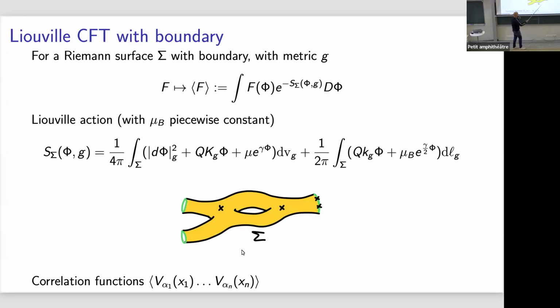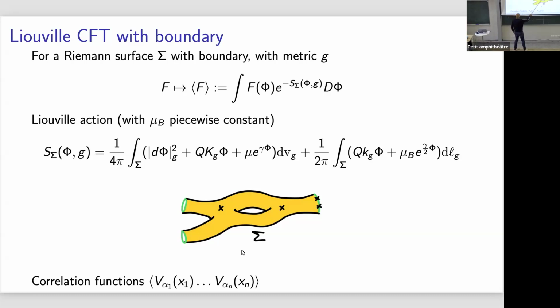So the field may fluctuate on the boundaries here. You have a potential on the boundary, and the question is whether you can compute the partition function of these surfaces.